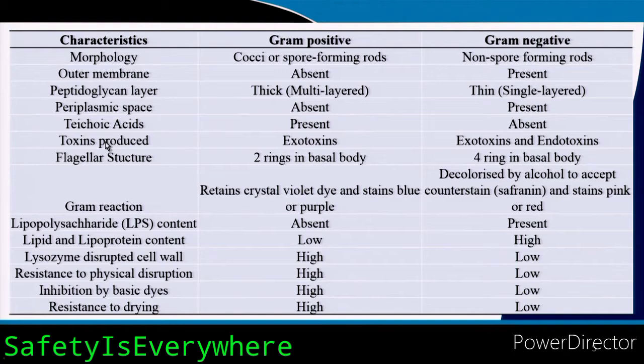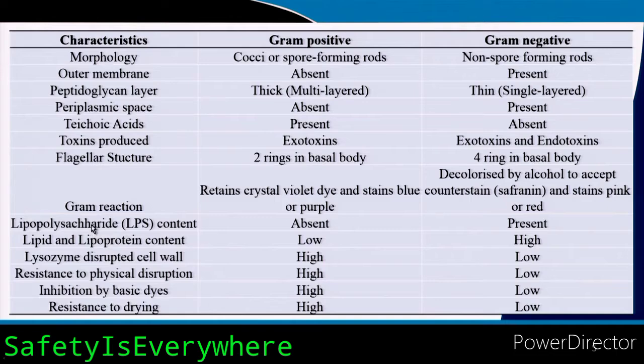Are toxins produced by these bacteria? Gram-positive bacteria exude exotoxins. So exotoxins is what is extruded by the cell, and endotoxins and exotoxins are generated by gram-negative bacteria, and many of them are pathogenic. Flagellar structure is different in gram-positive and gram-negative bacteria. I've already mentioned the gram stain.